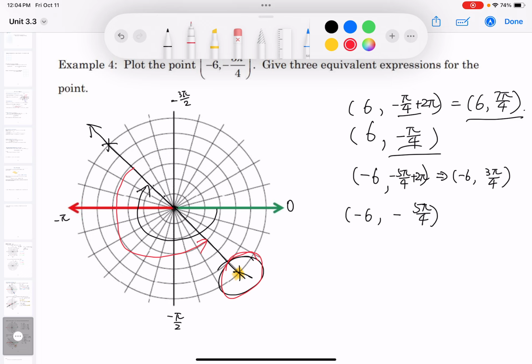That means based on the -5 pi over 4, we add pi, which gives pi over 4. So that's how we find -pi over 4. You can also use this method. And then based on the -pi over 4, we can add 2 pi, so we can find 7 pi over 4. Okay, we can move on.